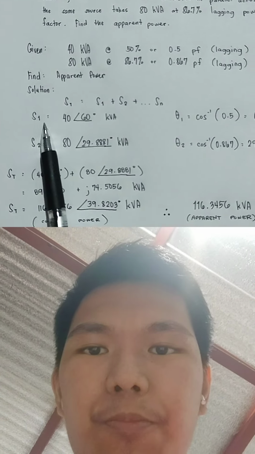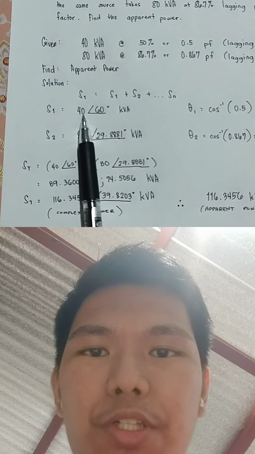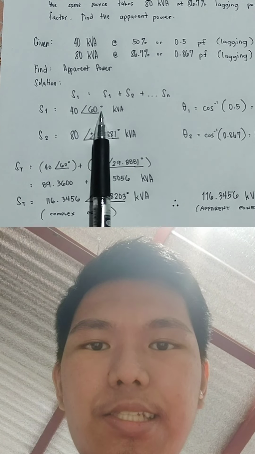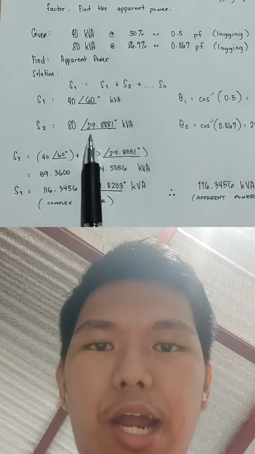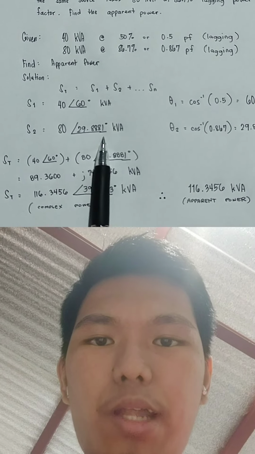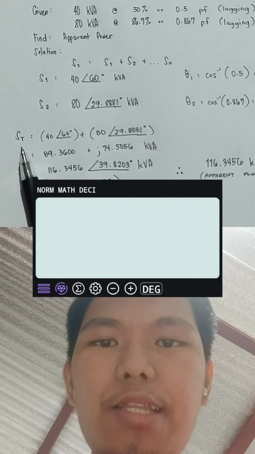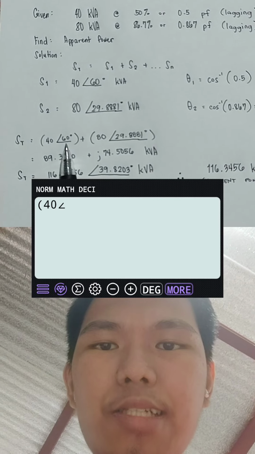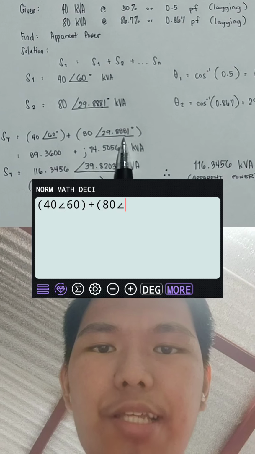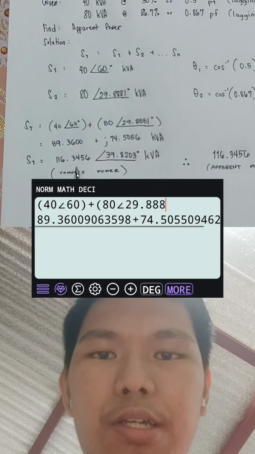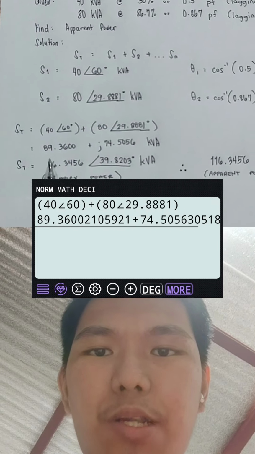Now we have S1 equals 40 angle 60 degrees kVA and S2 equals 80 angle 29.881 degrees kVA. To get the total complex power, we will add them up: 40 angle 60 degrees plus 80 angle 29.881 degrees. Its rectangular form is equal to 89.36 plus j74.5056 kVA.